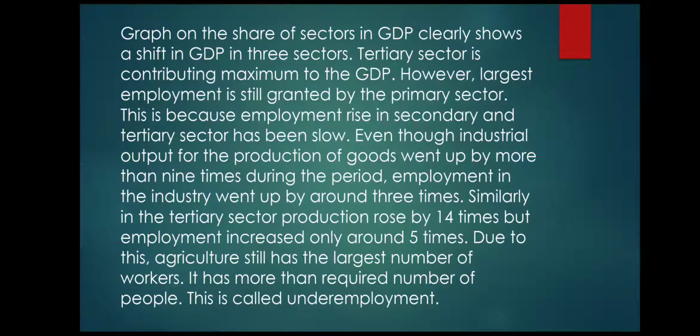Even though industrial output for the production of goods went up by more than 9 times during the period, employment in the industry went up by around 3 times. Similarly, in the tertiary sector, production rose by 14 times, but employment increased only by 5 times.